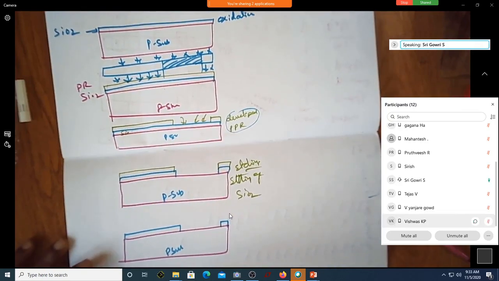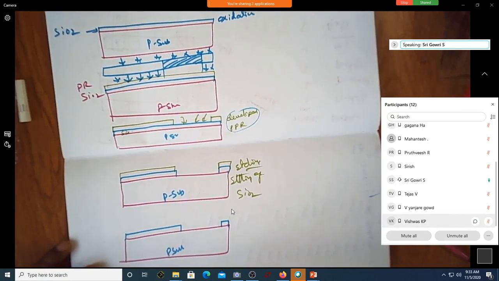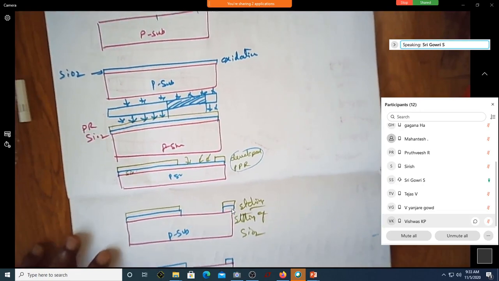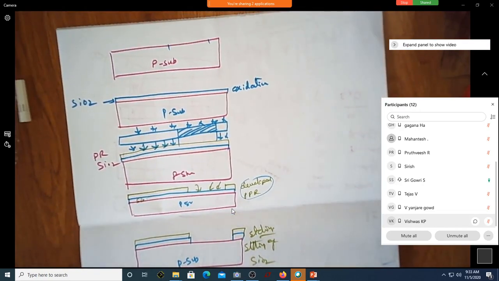Sir, like you told, so many weeks are needed to process these things, but why is the cost of MOSFETs and transistors very cheap, sir? What I'm saying is, when I said weeks, it is in the Indian context, because it's not automated. The machines that I showed, all these processes are automated.